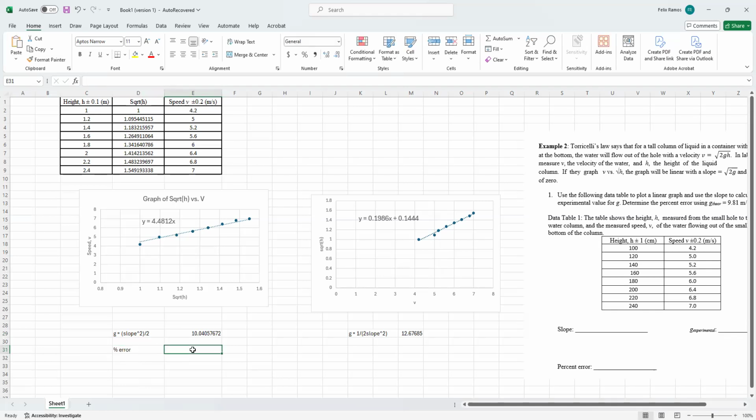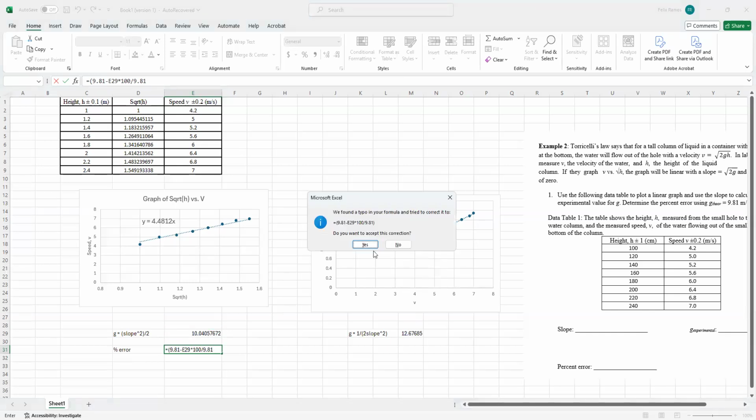You will say that the percent of error will be the theoretical value, which is 9.81, minus this value, times 100, because I want to get that in percent, divided by the theoretical value that is 9.81.